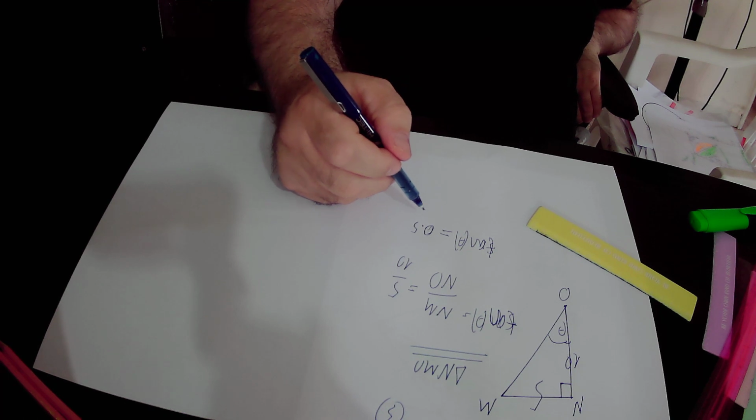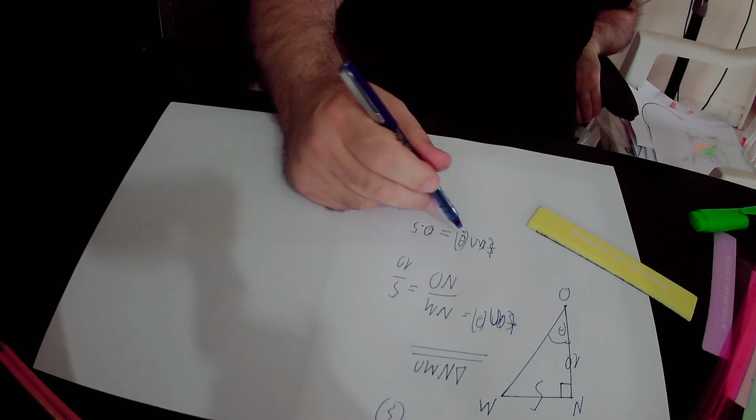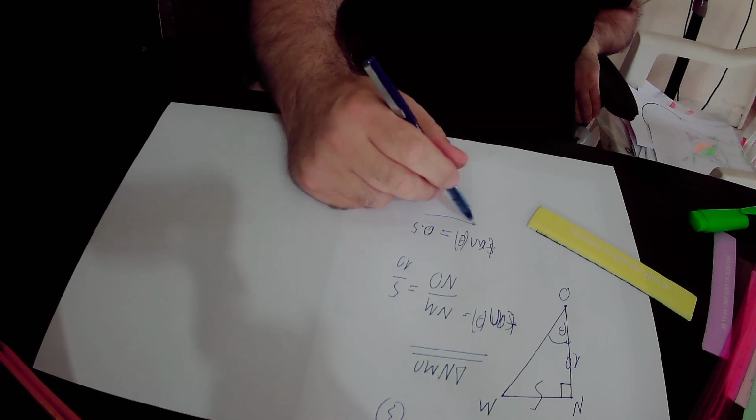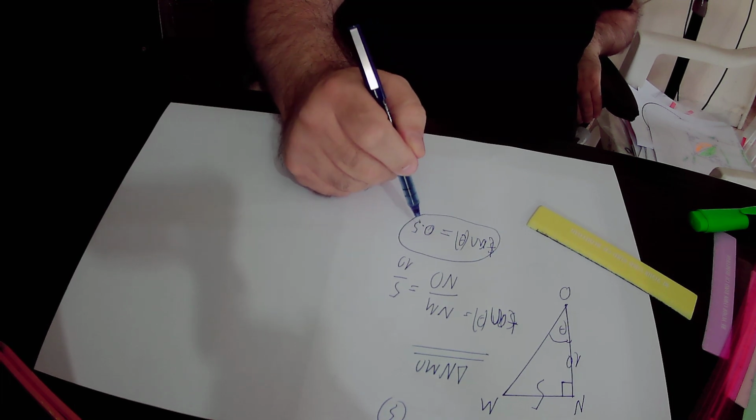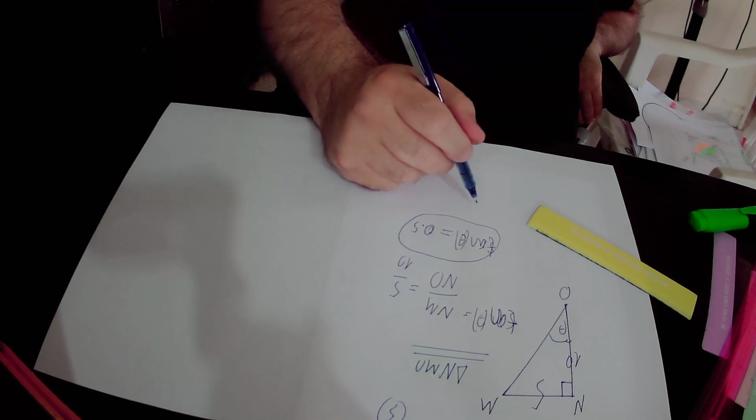But we are not interested in tangent theta, but in theta itself. So in order to find the value of theta itself, we operate the opposite function of tangent on the result, and this will give us the value of theta itself.